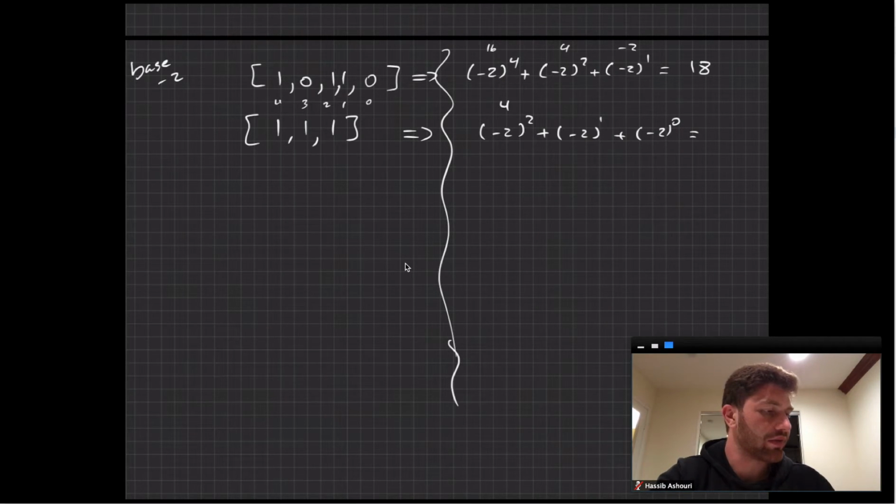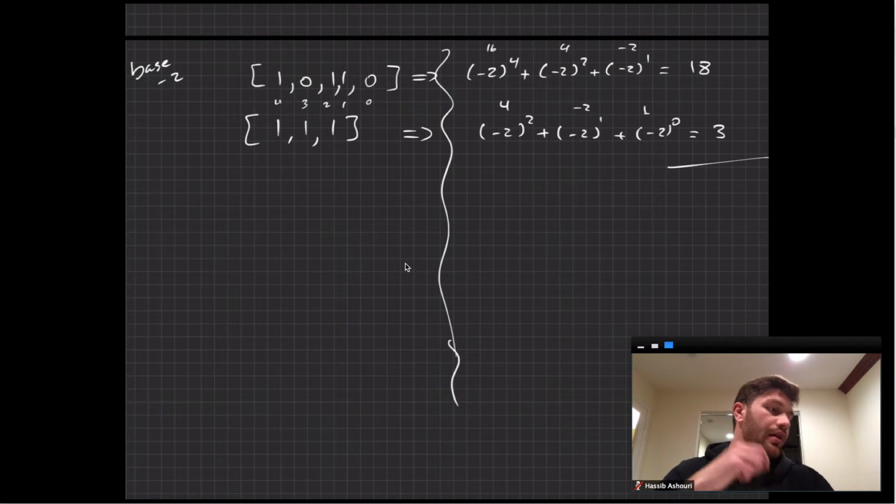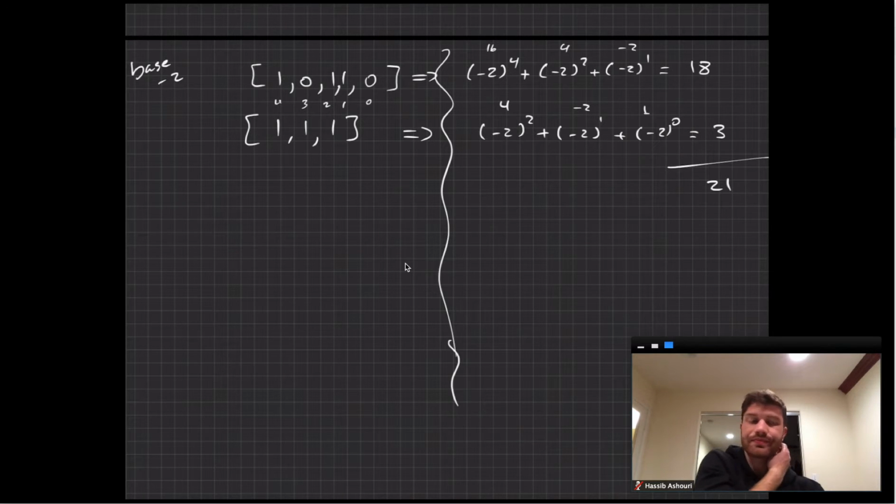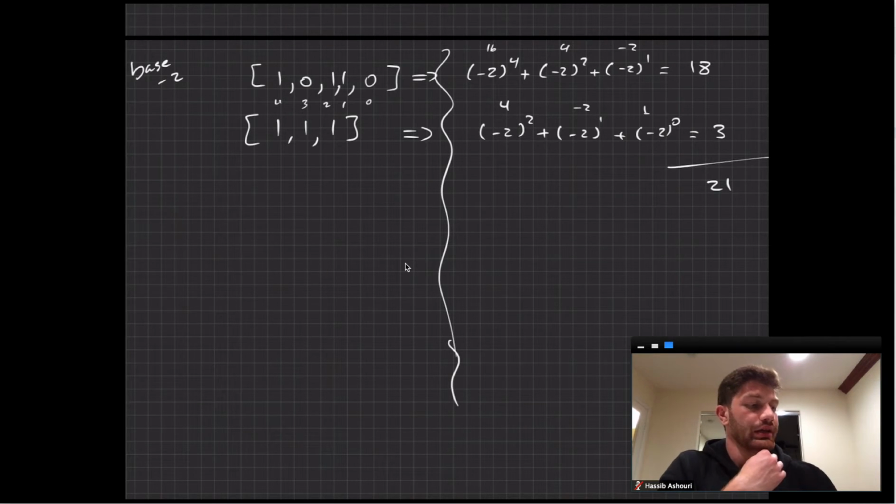That will give me a 4 right here, a negative 2, and a 1. So these will equal 3. So the decimal number that I should calculate, or the sum that we get, is 21. All right. So I want to write back 21 in the binary form, I think they called it Negabinary.